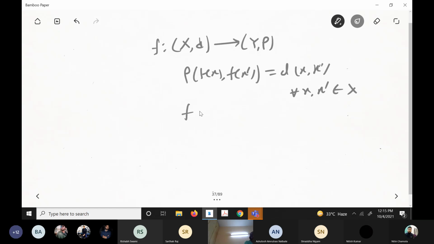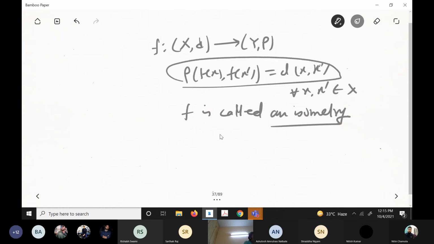Then f is called an isometry. Look, the identity map from (X, d) to (X, d) is a special case of an isometry. By definition, if you take delta equal to epsilon, it will work, so it will be continuous.